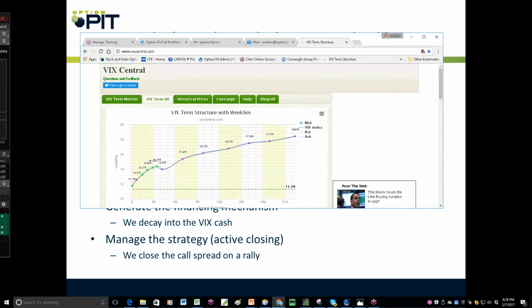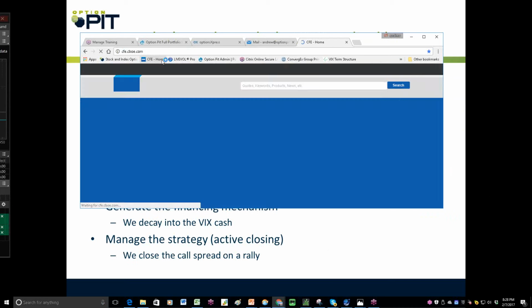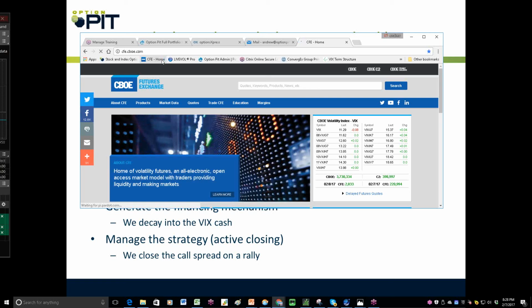It's a lot less work. Oh, also, that's right, CFE.com. They're slightly delayed, but they're there, the tick. So those are two free places, but you won't ever get live data unless you pay for it somehow through a platform or something.